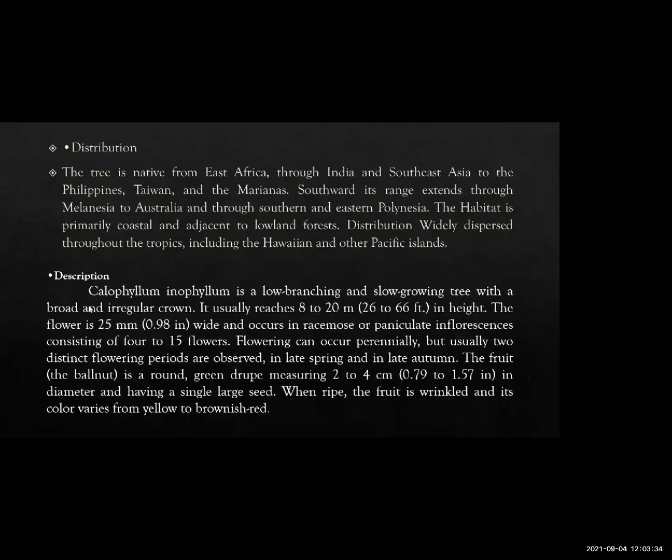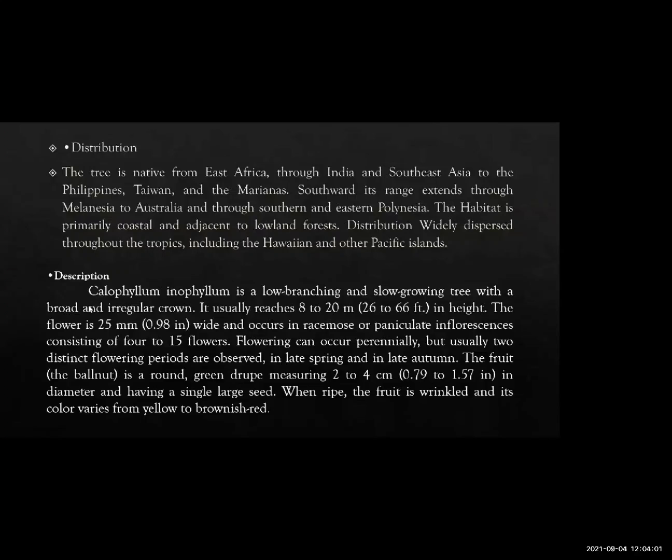The flower is 25 millimeters or 0.98 inches wide and occurs in racemose or paniculate inflorescences consisting of 4 to 15 flowers. Flowering can occur perennially, but usually two distinct flowering periods are observed, in late spring and in late autumn.